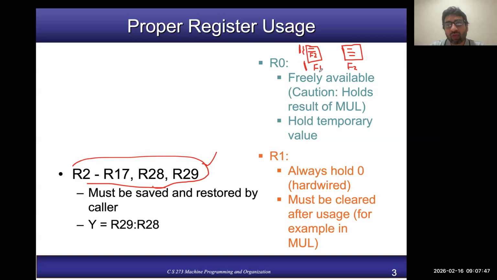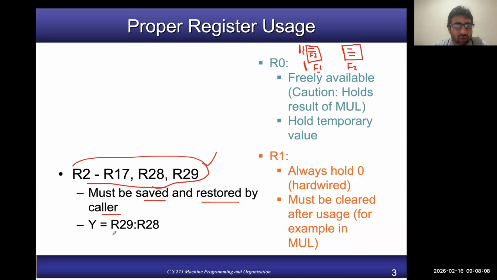So it is the job of F1, before making the function call, to store the values of any of these registers in memory, and then when it comes back, those values need to be restored from memory and placed in the respective registers. So they must be saved and restored by the caller, right?